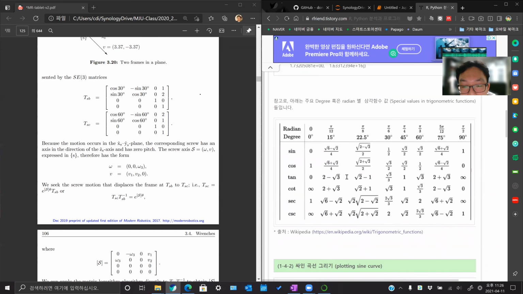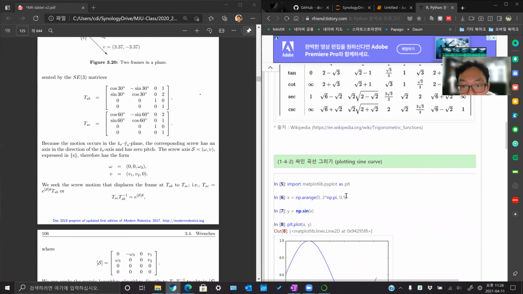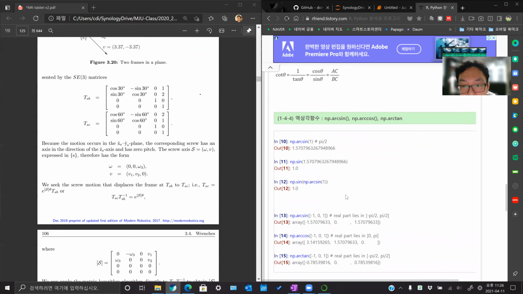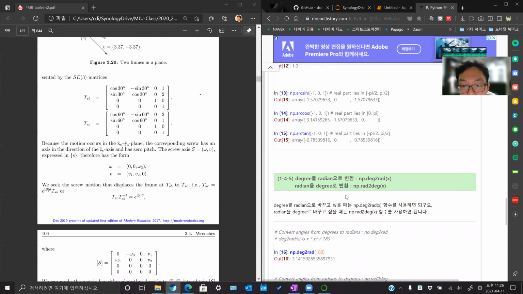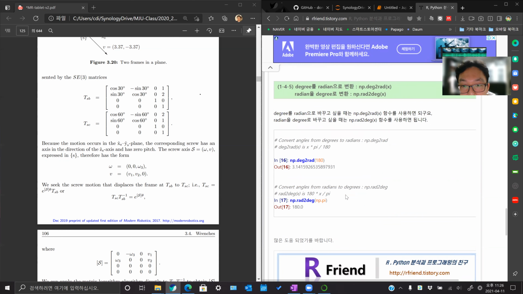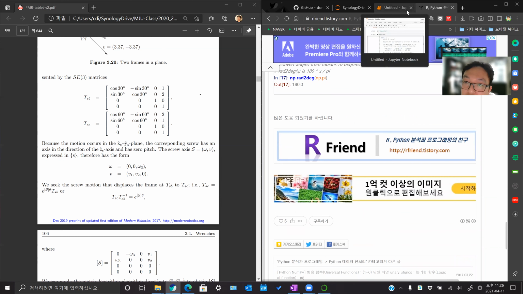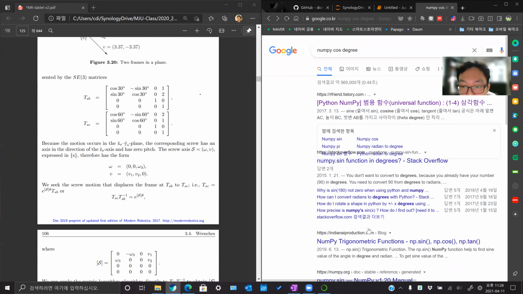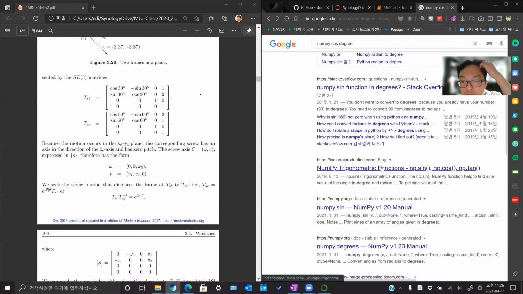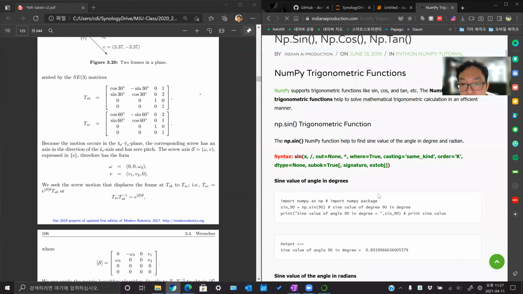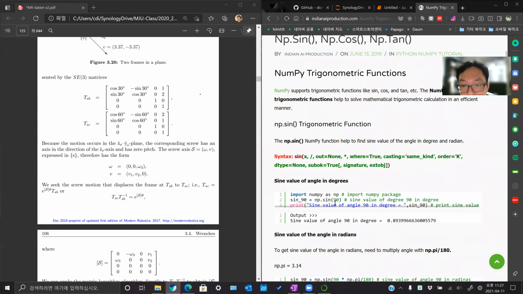As I know, there is some option to input the degree value.